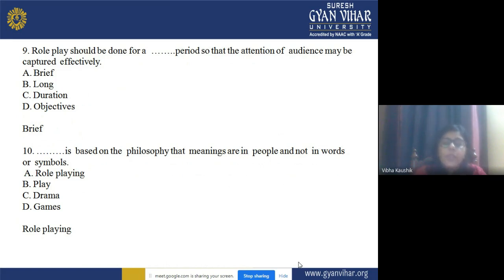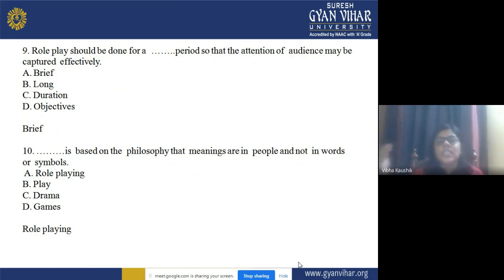Now the options are A. Brief, B. Long, C. Duration, or D. Objectives.